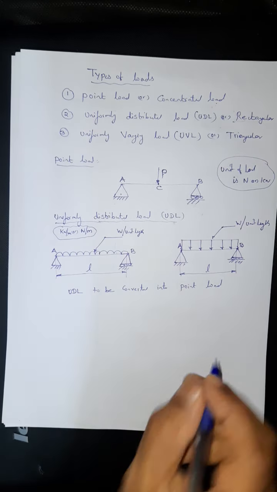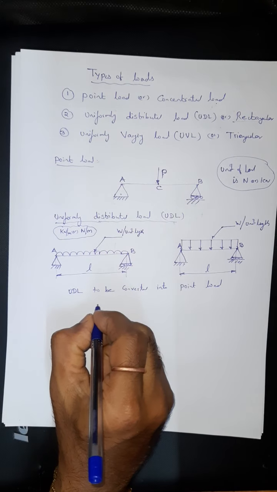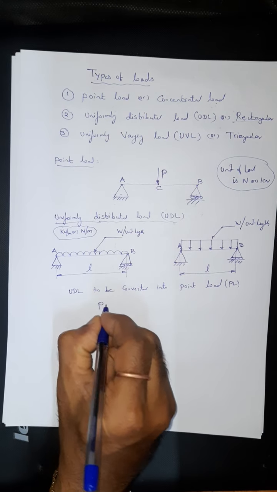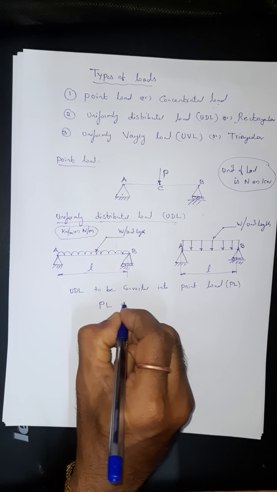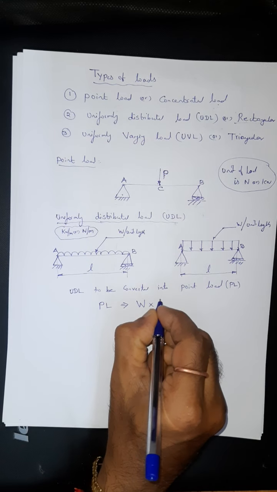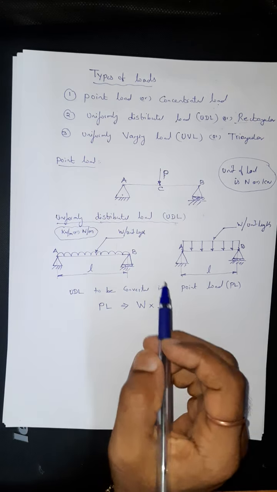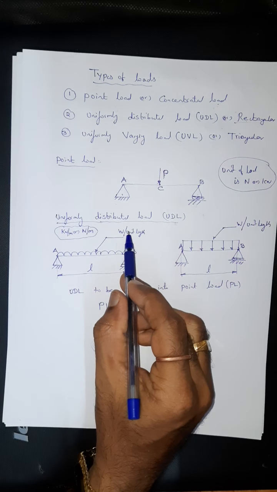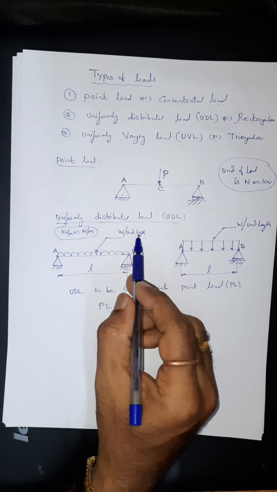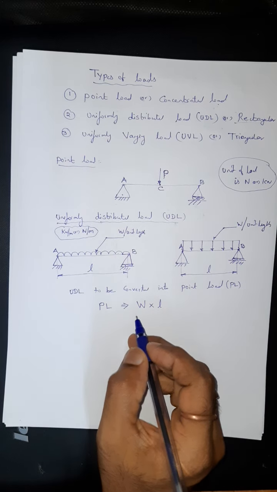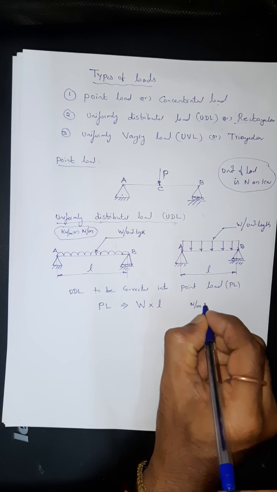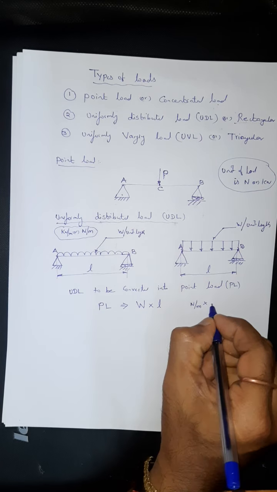So the formula: let me take the point load as PL. PL equals W into L. W is the intensity of the load which is acting, Newton per meter or kilonewton per meter, and the length is in meter.